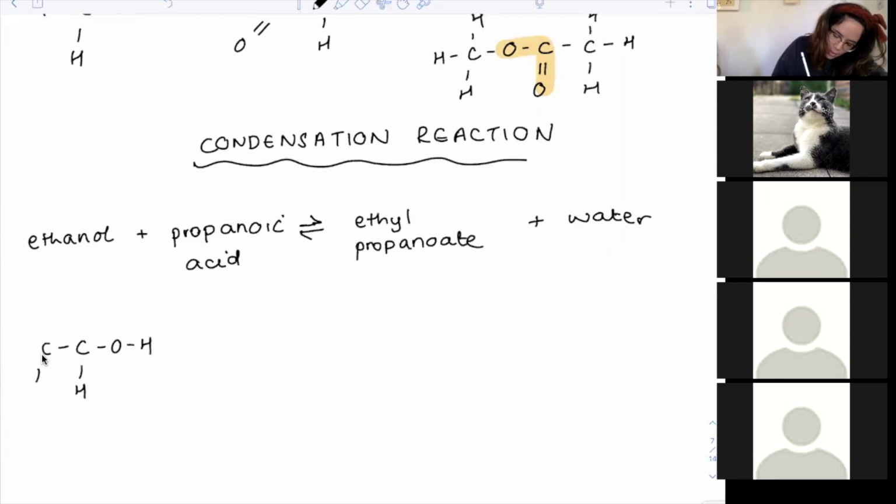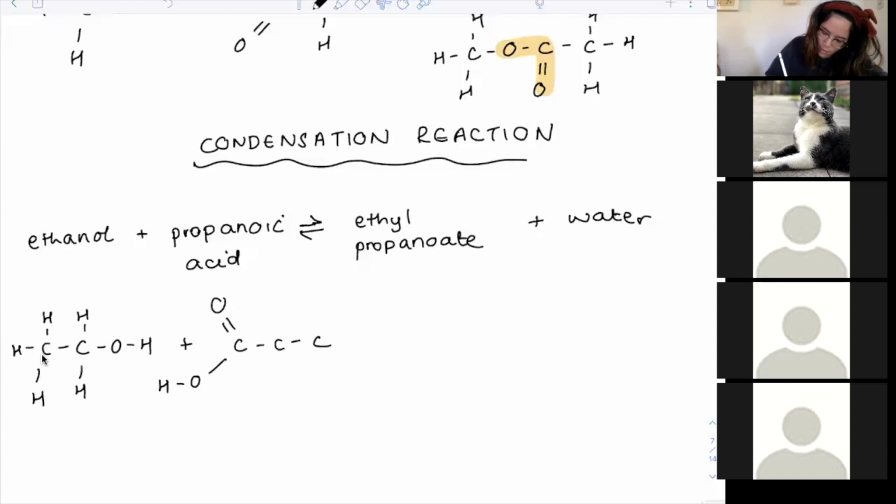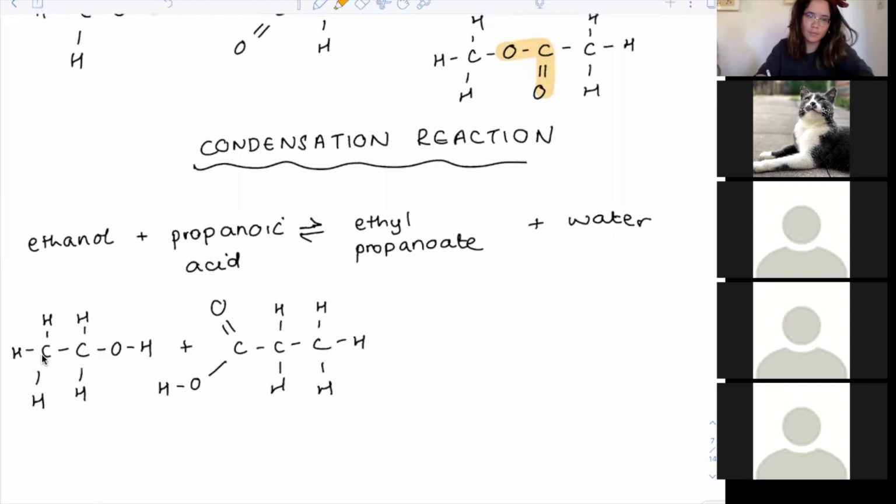Here's our alcohol, ethanol. Here's our carboxylic acid functional group. We know that it has 3 carbons because it's prop. I'm going to highlight where we're losing the water molecule from, so it's here and here.